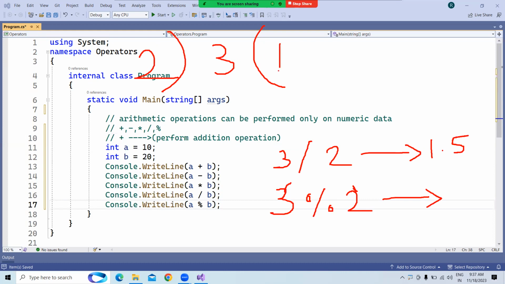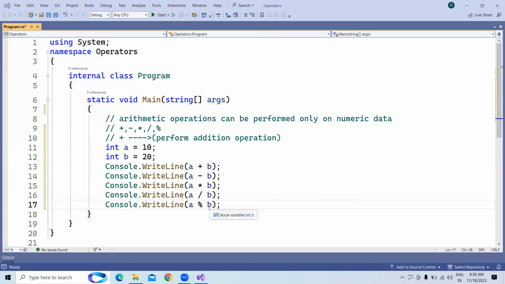Only one time. Modulus performs only integer division. Now, what is 3 minus 2? 1. So 1 is the remainder. The result you will get is 1 as the remainder. This is what the modulus operator gives.